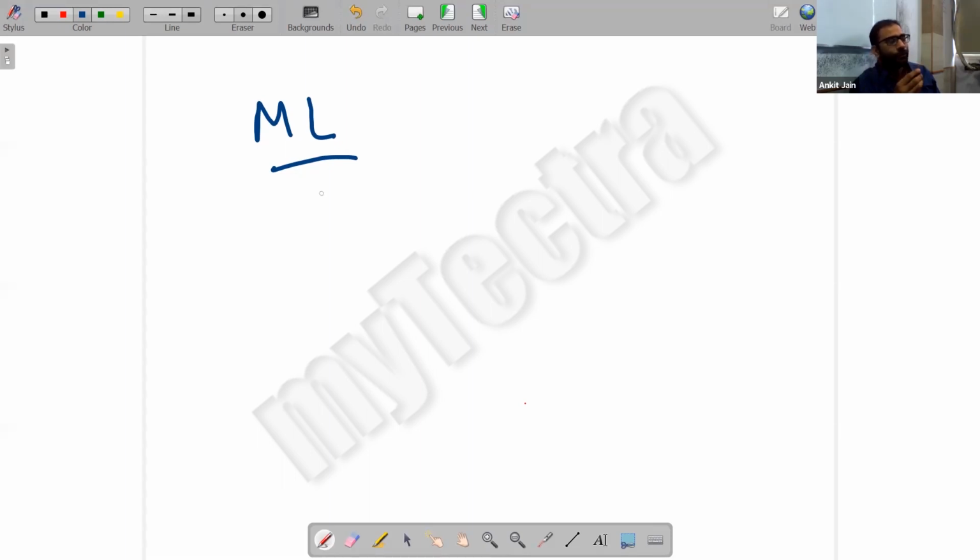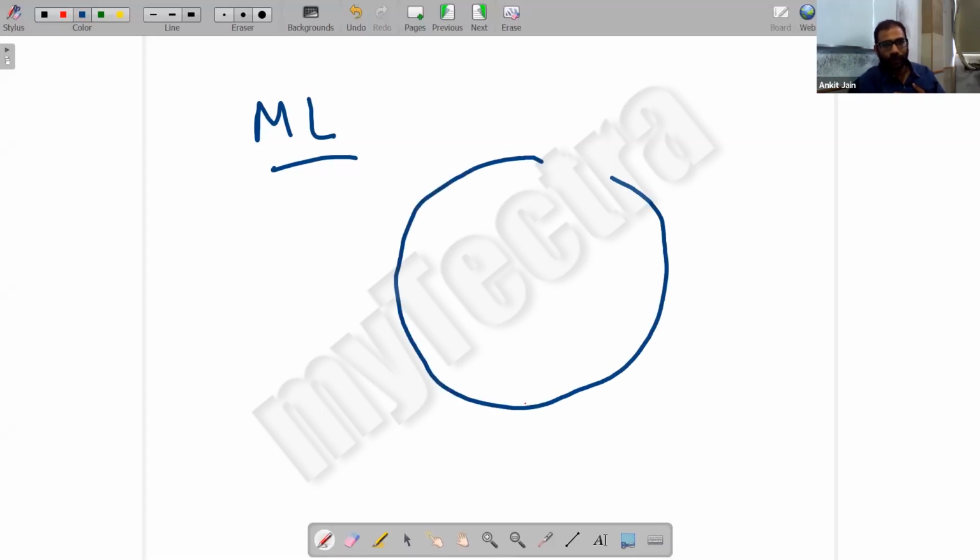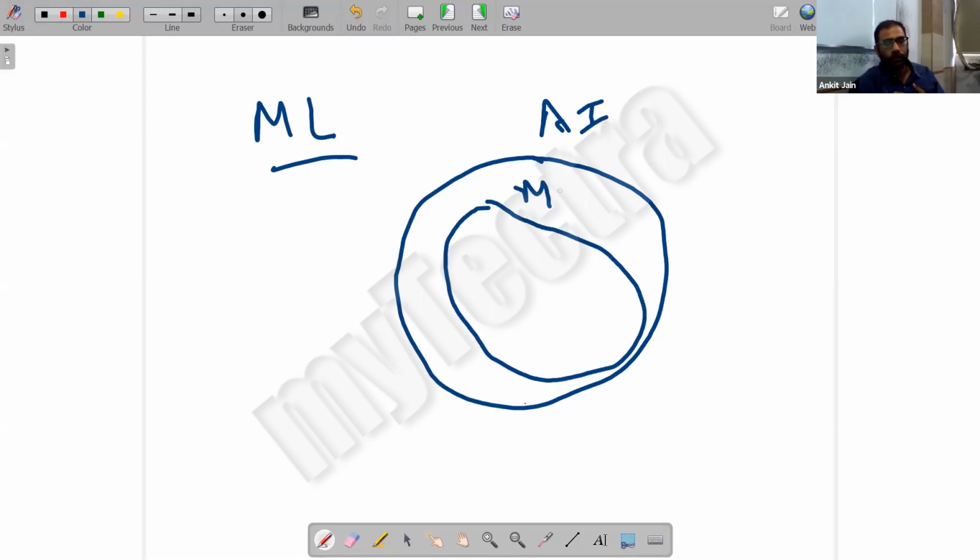So, can you see an overlap? Can you feel that? Till now, when you had started the course, you would have felt AI was something out of the world, like robots and all. But if you see, ML is also AI, right? If you remember, I started the classes by saying AI, ML is a part of it, right?